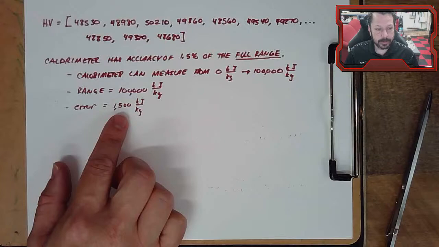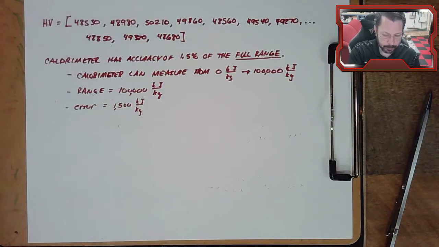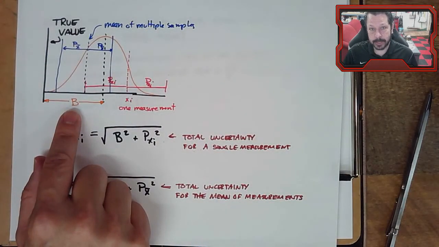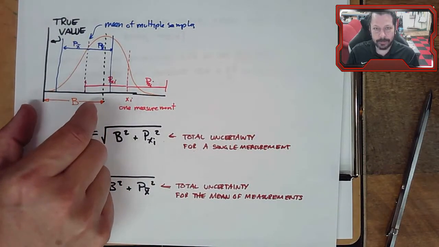All right, so this is from the manufacturer. This is our uncertainty in any measurement we take. We're going to call it the bias error, because it's coming from the tool itself, and it may not be off by 1,500 every time, but every time it could be.